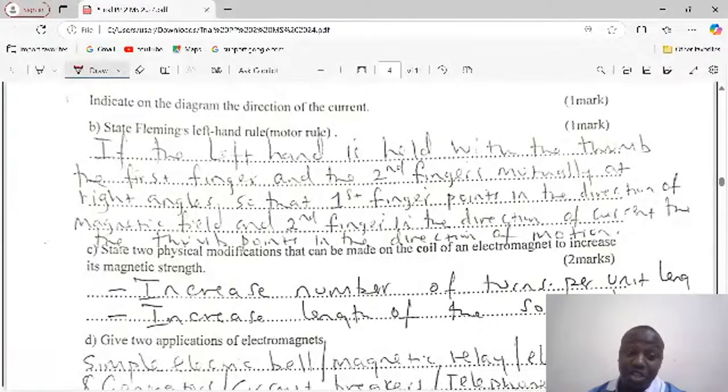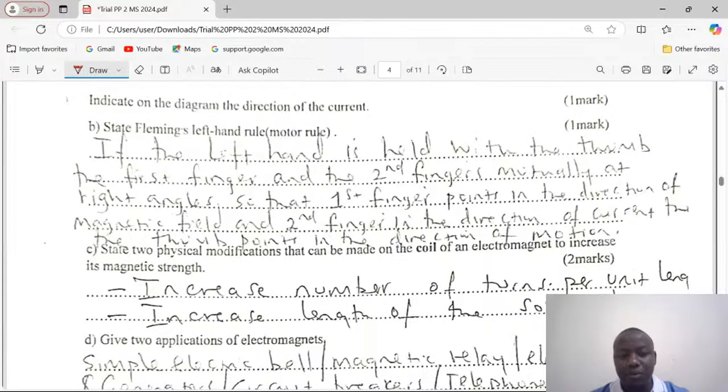The thumb is going to point in the direction of motion.